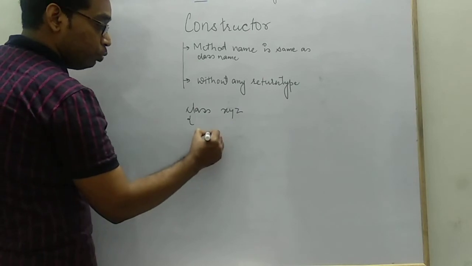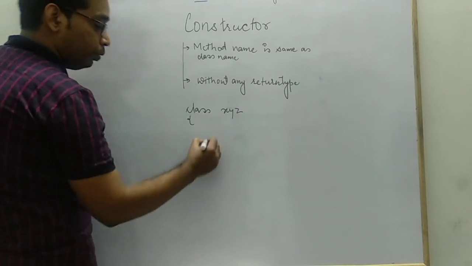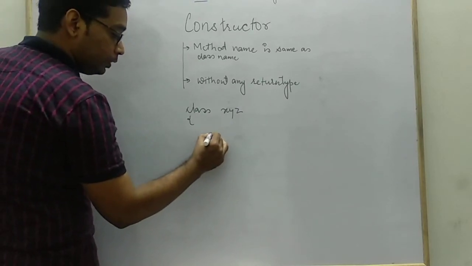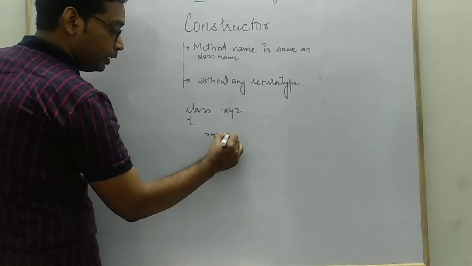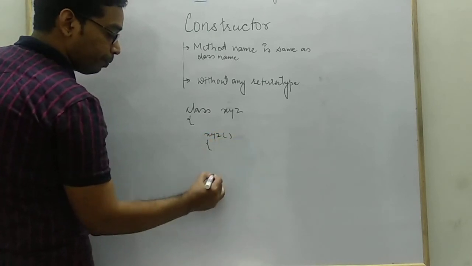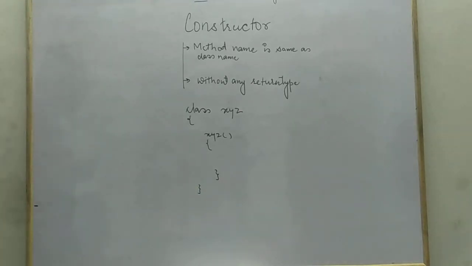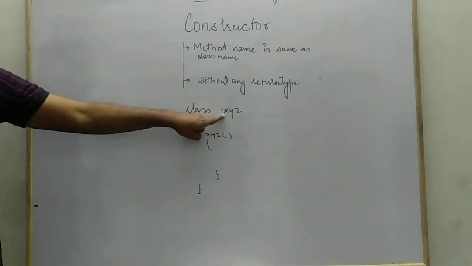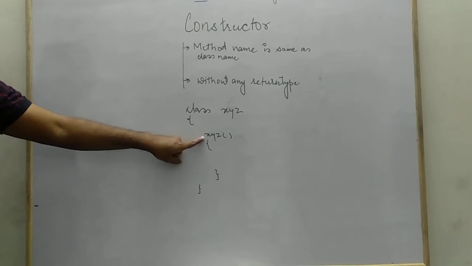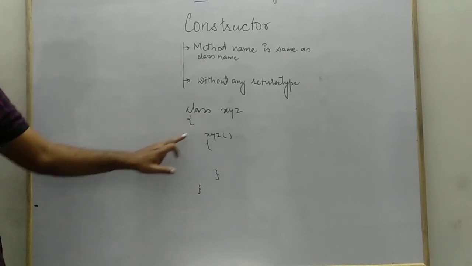Now here you write the method, so normally write XYZ. See here, the class name is XYZ, so I create the method as XYZ, and before that there is nothing, no public.